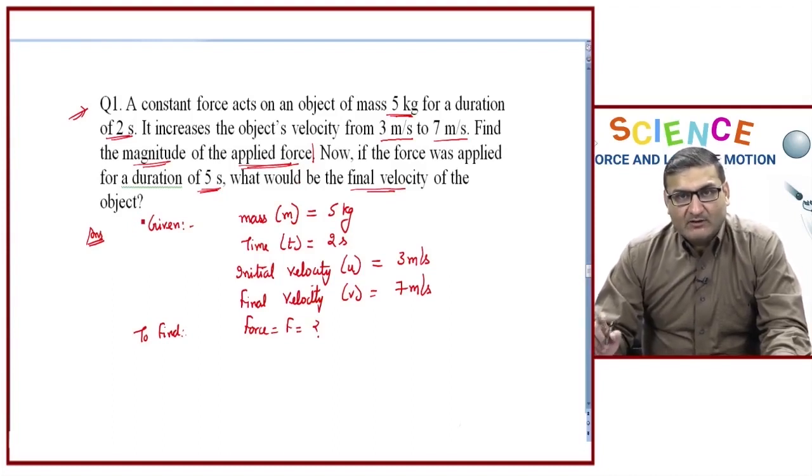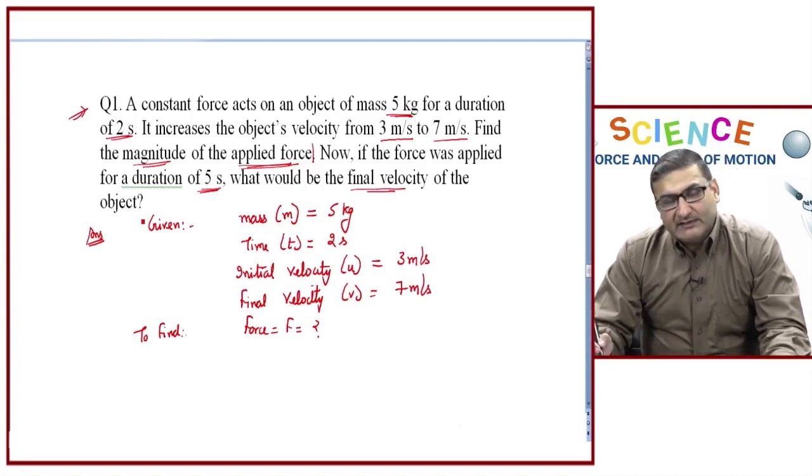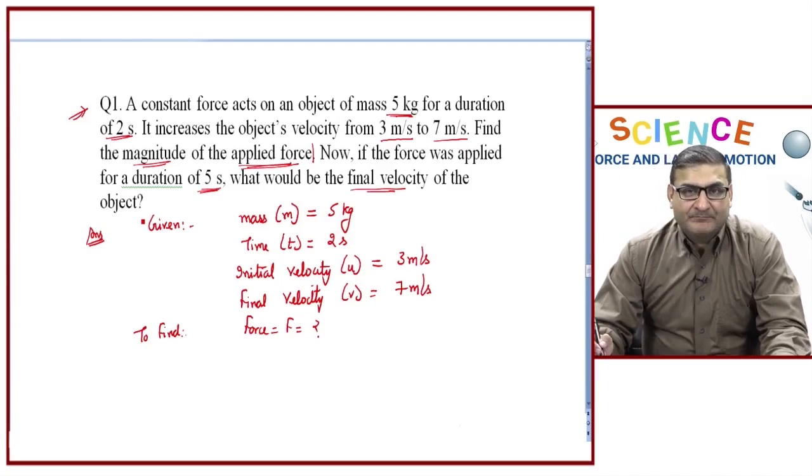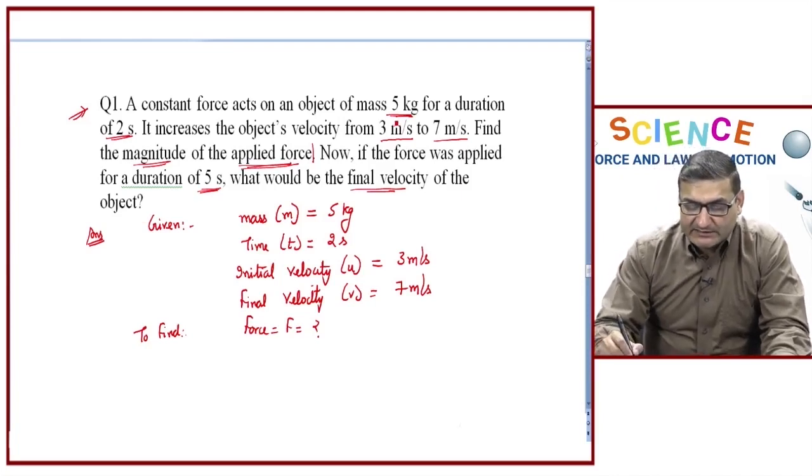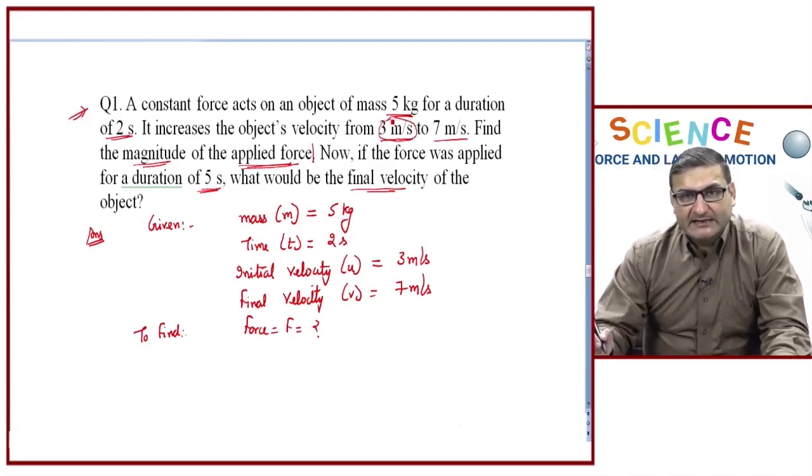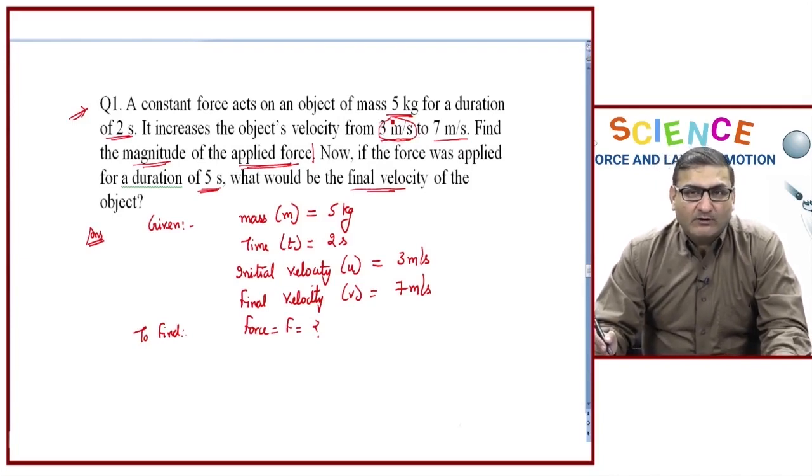That means on increasing the amount of time from 2 seconds, now we will apply the force for 5 seconds. Then the object which was initially moving at 3 meter per second, we need to find out at what speed or velocity it will be moving.